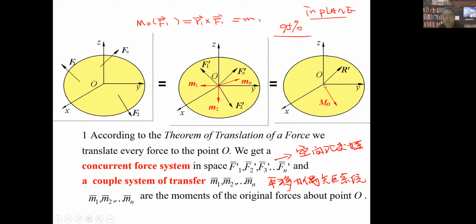And we also have another, MO. MO is the resultant couple of this couple system of transfer. So compared to the original one, after this reduction, we will find this is very, very easy: just a principal vector R prime and a principal couple MO, right?